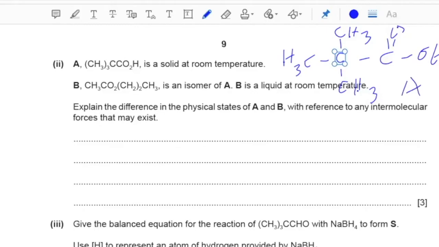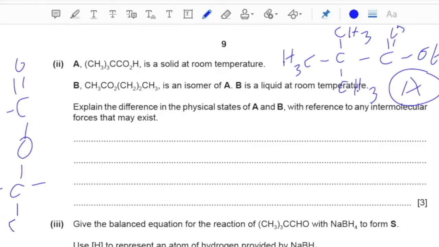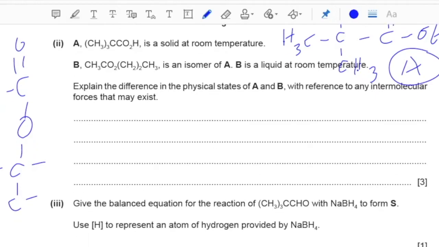This is A. B is an ester. Has got a methyl group and then an ester linkage. This is joined to 2 carbon atoms with each 2 hydrogen atoms. And finally, 1 more methyl group. Okay.